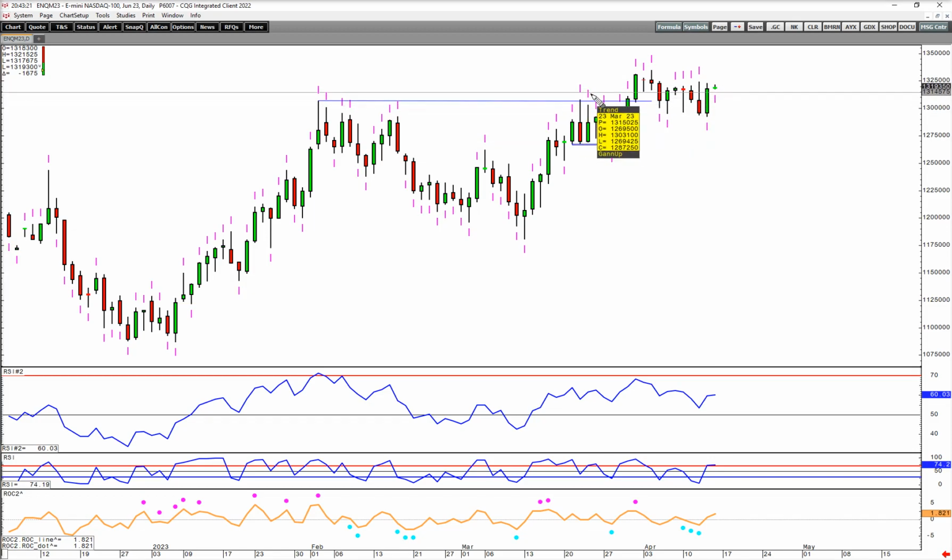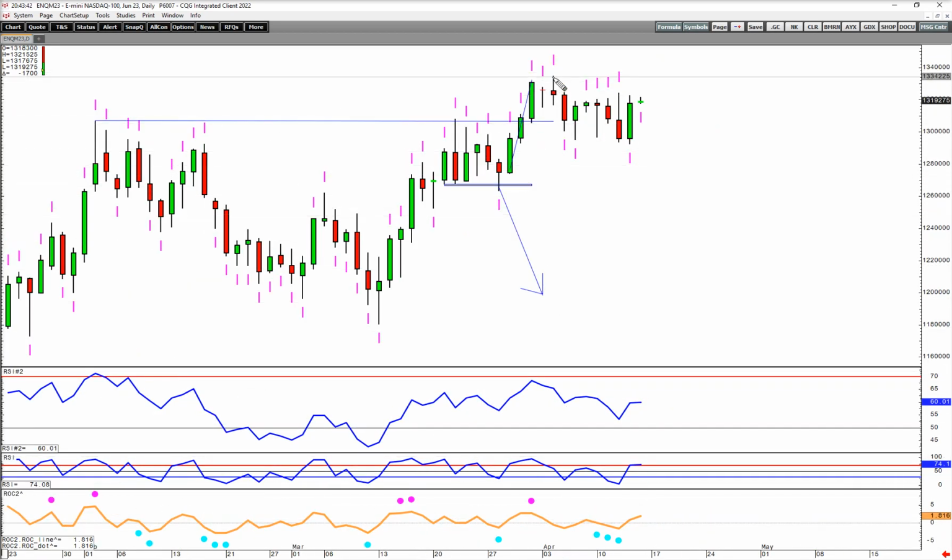So we ticked above it, and as soon as we tested below it, that should have triggered the 2B sell, and we would have gotten further downside. However, it just left a tail, came back up, and basically left a trap for anyone who got short there. And then the immediate next thing that happened was 3 green candles burning to the upside. And then really all we've had since then is a very clean ABC pullback.